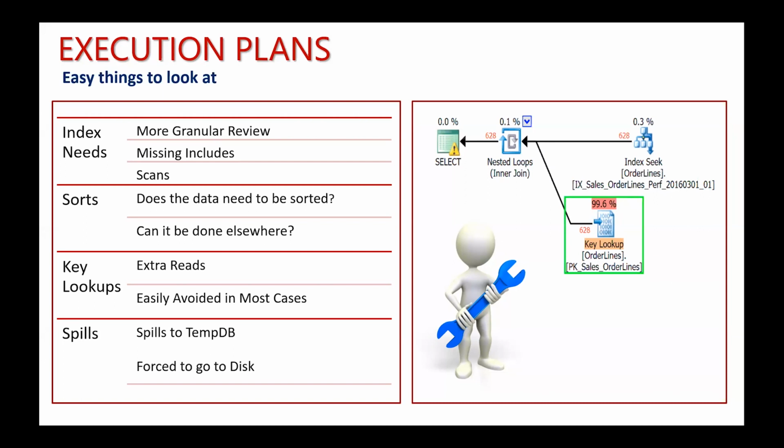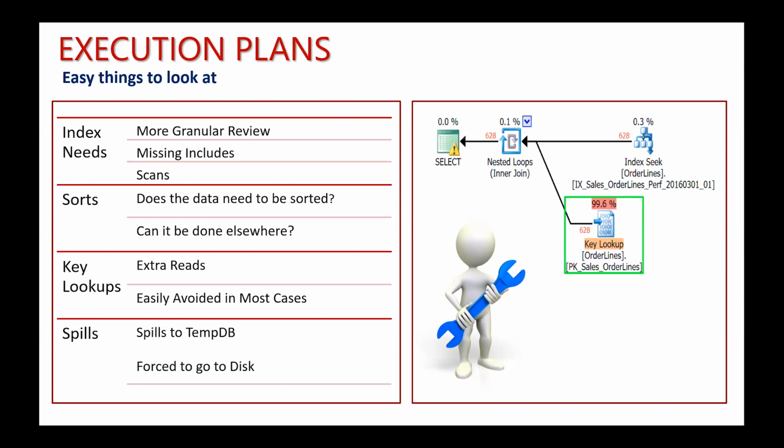And what you want to do is prevent the spills to TempDB. How do you fix that? I'll give you one guess. Statistics, right? If SQL Server doesn't know to expect 1,000,000 rows and it only expects 100, do you think it's going to give you the right amount of resources? No, it's going to have to take you from memory and put you to disk to complete what it needs to do, which causes you a different overhead, right? Additional overhead.